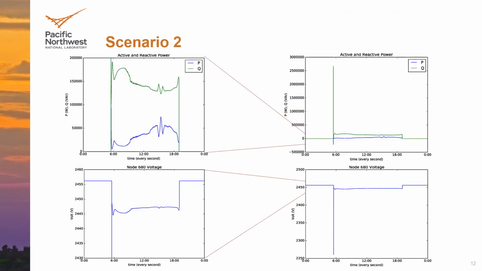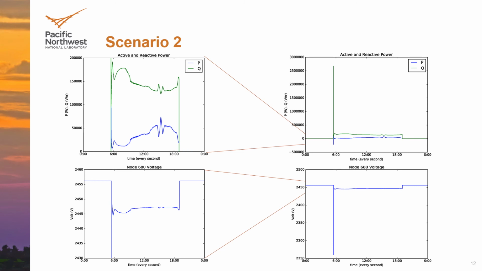For scenario two, we show the same information, but both the power result and the voltage result are quite different from scenario one. The first thing we can see is a spike at around 6 of the testing day. The spike is caused by the transition of the system mode from unoccupied mode to occupied mode. There is a peak power during the starting up of the fan during that transition period.